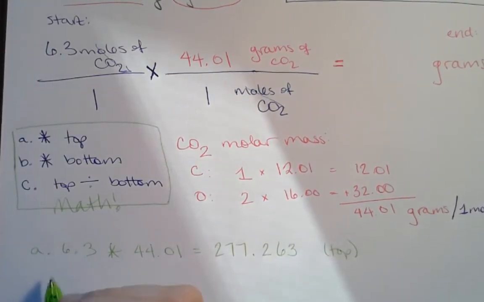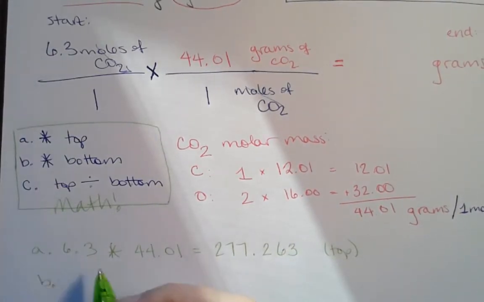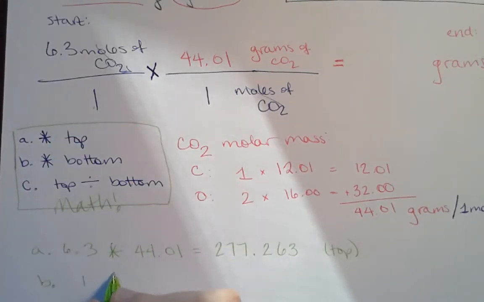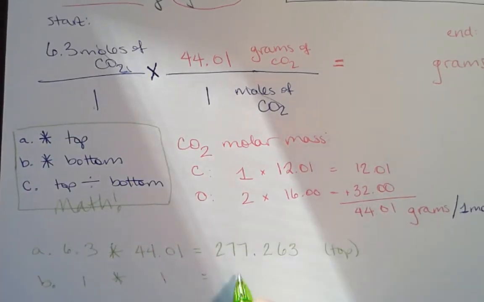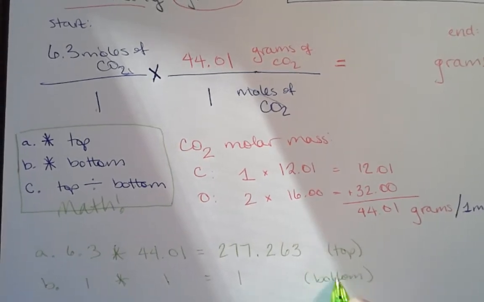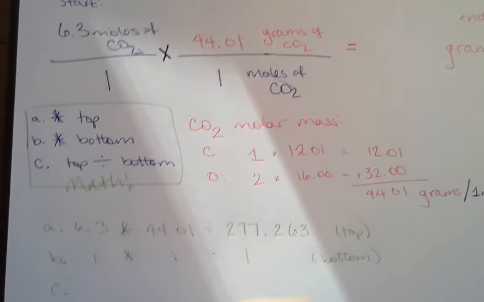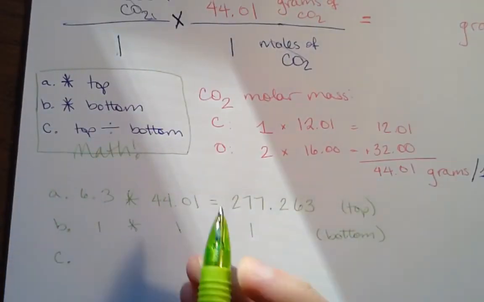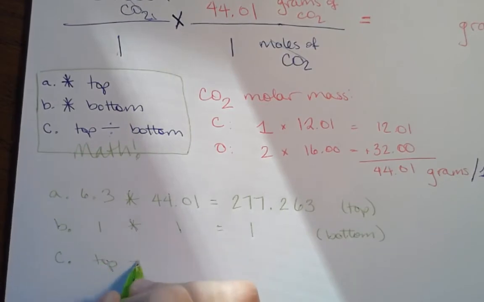And next, we're going to multiply all the numbers together on the bottom. On the bottom, we've got 1 times 1, and feel free to do that in your calculator. Anything times itself is itself. 1 times 1 is 1. Good. That's the bottom. And in our third step, we're going to take the top and divide it by the bottom.